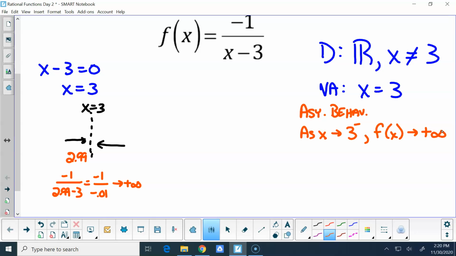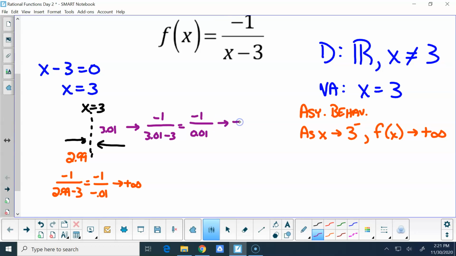Now if I flip it over to the other side here, so now I would be like 3.01. I would have negative 1 over 3.01 minus 3. That's going to be negative 1 divided by positive 0.01. So that's going to be a negative divided by a positive.